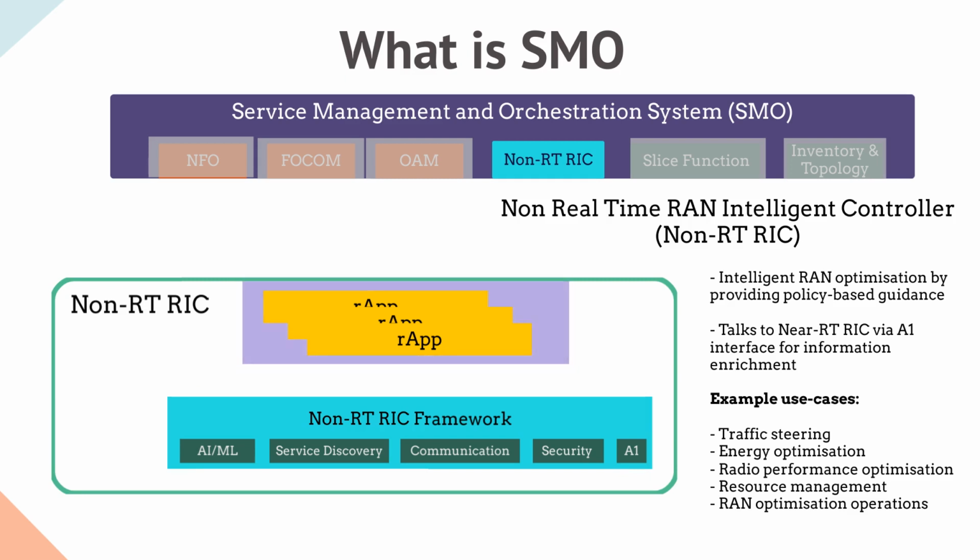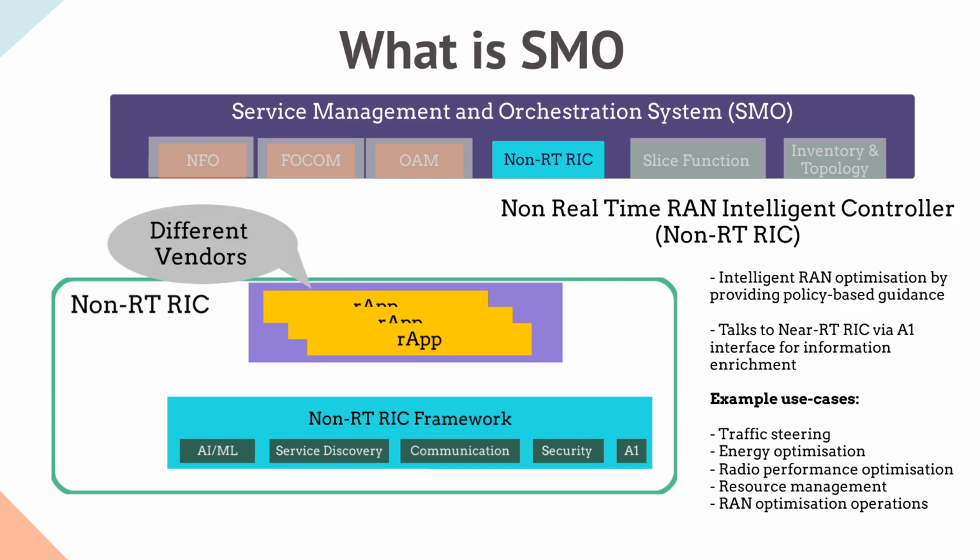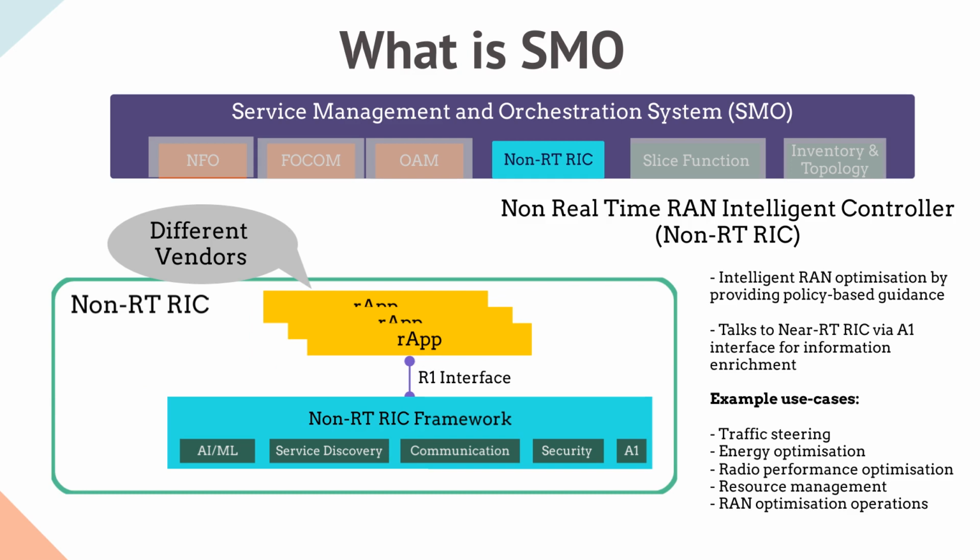On the other side, non-RT-RIC applications, or simply the rApps, are the modular applications that leverage the functionality exposed by the non-RT-RIC framework to perform RAN optimization and other functions. In simple words, rApps are the optimization algorithms that can come from same or different vendors, and services are exposed to rApps via the R1 interface, which enables multiple such rApps to talk to a single platform. And the non-RT-RIC framework is responsible for exposing all required functionality to the rApp via this R1 interface.